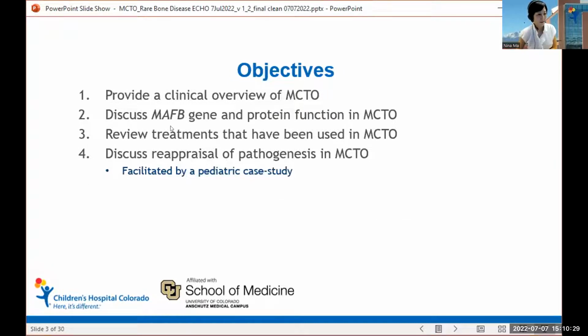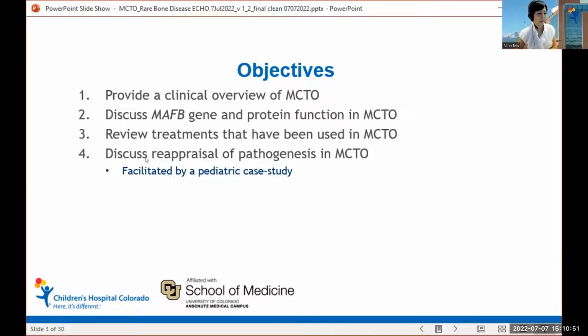So these are my objectives. I will start out by providing a clinical overview of MCTO. We'll really highlight the key clinical aspects of the condition. We'll discuss the MAFB gene and protein function in MCTO. We'll touch on the treatments that have been used in MCTO.